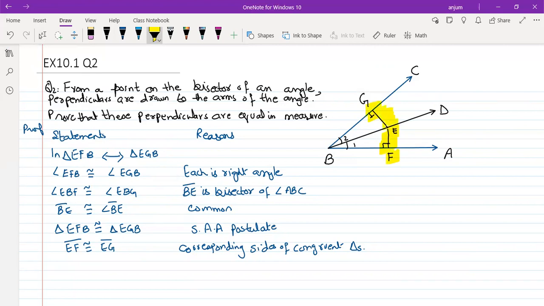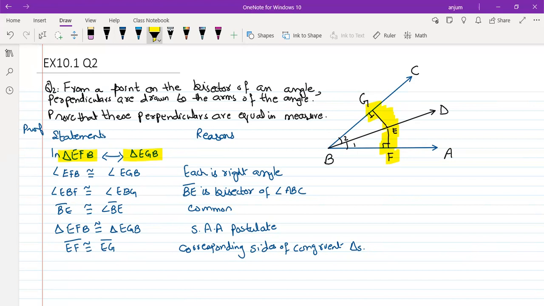So we can take the correspondence of two triangles, which are the right angle triangles in this diagram, triangle EFB and triangle EGB, and we will prove them congruent by the side angle postulate. Angle EFB is congruent to angle EGB because both are right angles.